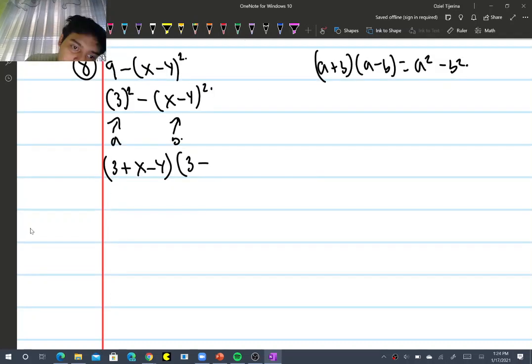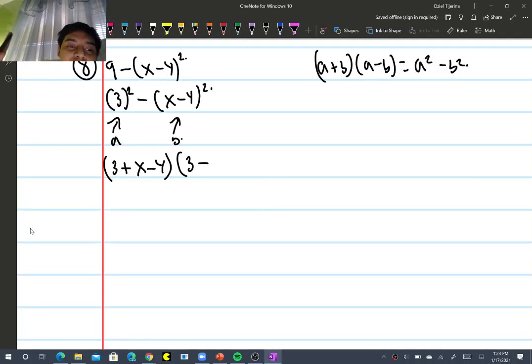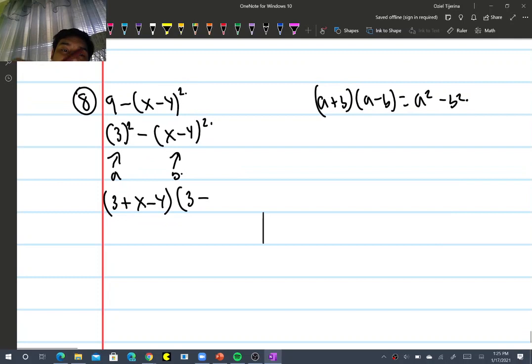So basically, for this one, since we have a squared minus b squared, our a is 3, so we have 3 plus x minus y, which is our b, and then minus, and we're going to put a quantity here because our b in this equation is x minus y.